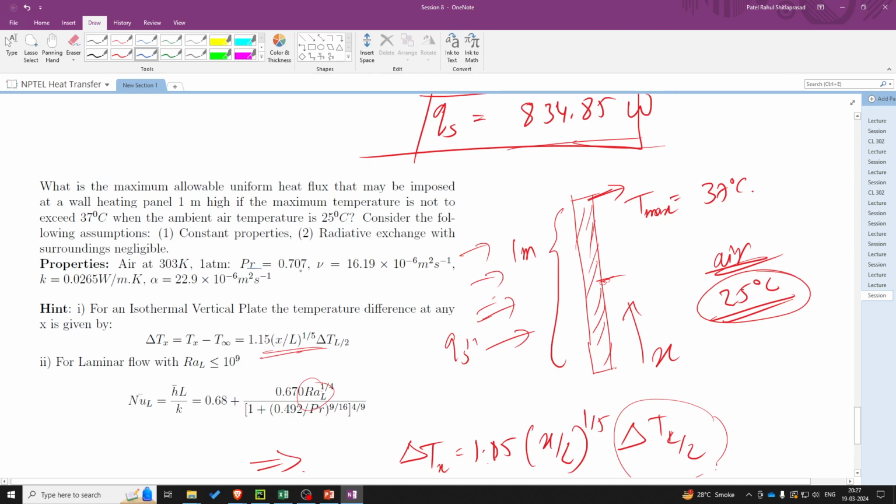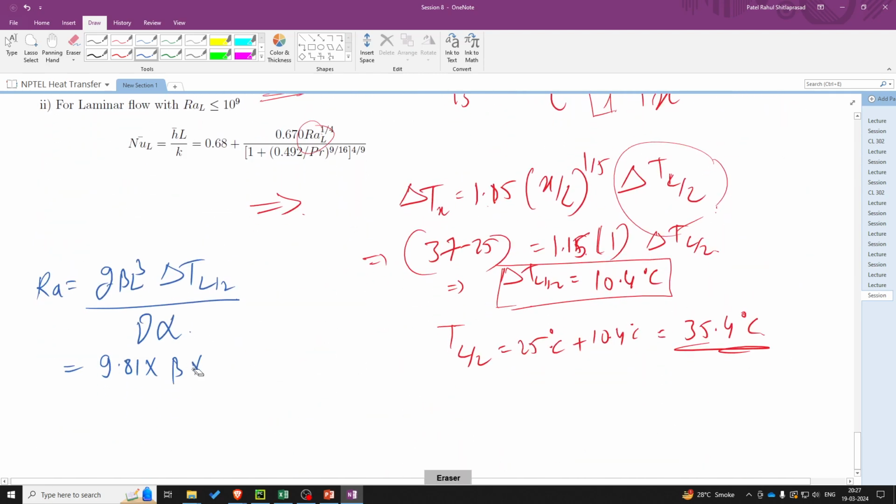Did we get beta over here? No, so we haven't been given beta. So basically this will give some value of Rayleigh number, and that Rayleigh number you can put over here.